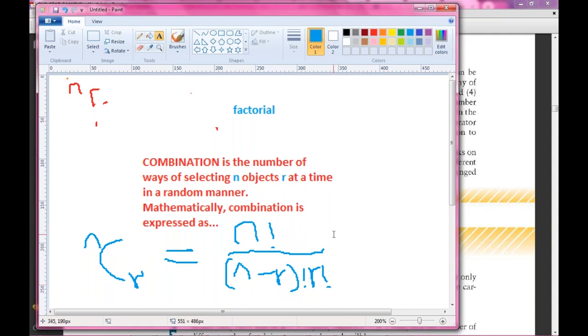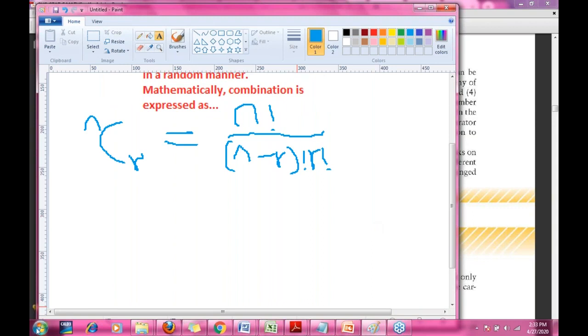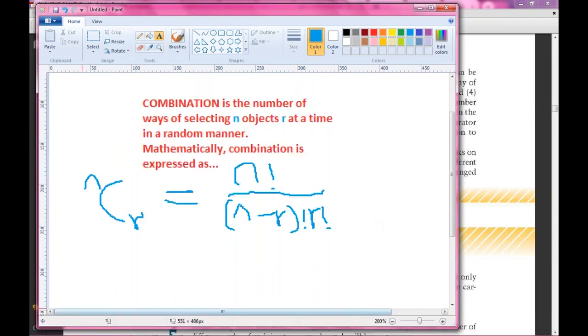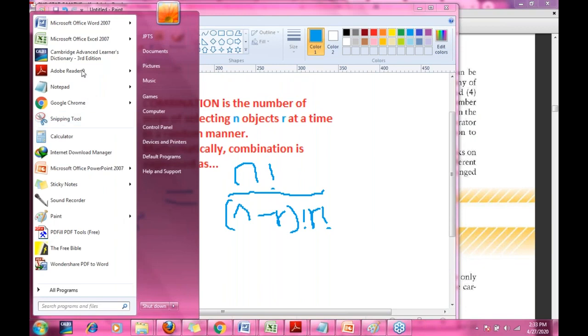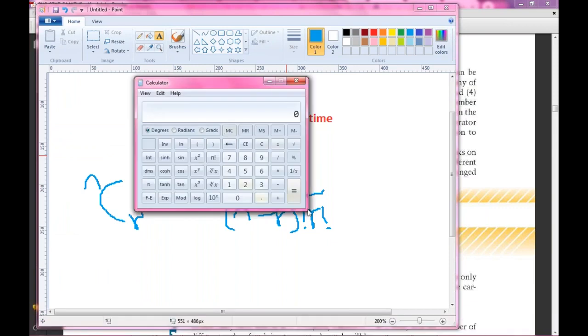That is the mathematical expression for combination. So in your calculator, because some people might find it difficult to compute, to make it easier, you can check it on the calculator. If you have a scientific calculator, you can see it there.